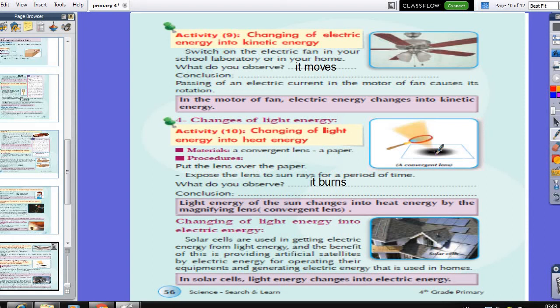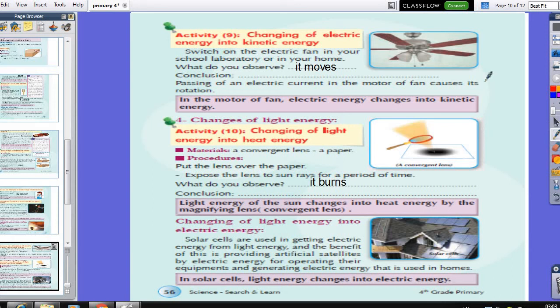Also you must know that the energy of the sun is solar energy, and the solar energy is divided into light energy and heat energy.